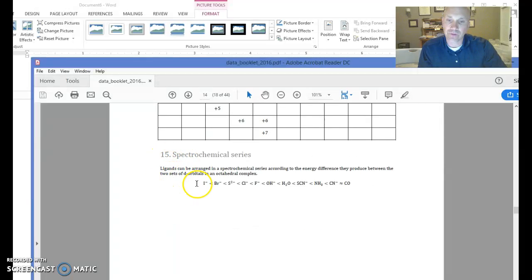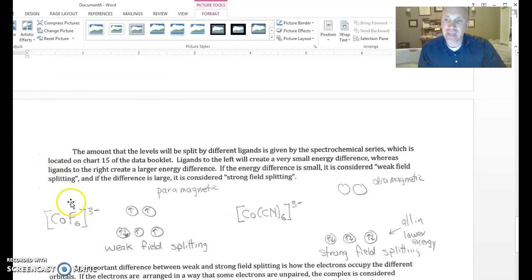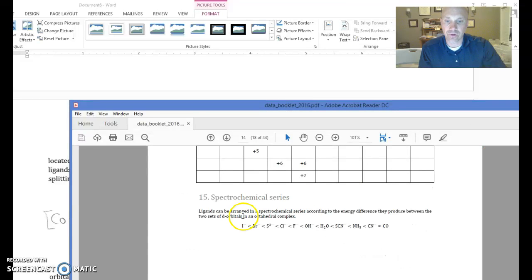If you take a look at this relative order right here, the further to the left you go, that is going to be a ligand that creates weak field splitting. So you're only going to have a very small difference in energies between these upper two and the lower three, if, for example, your ligand was an iodide ion.